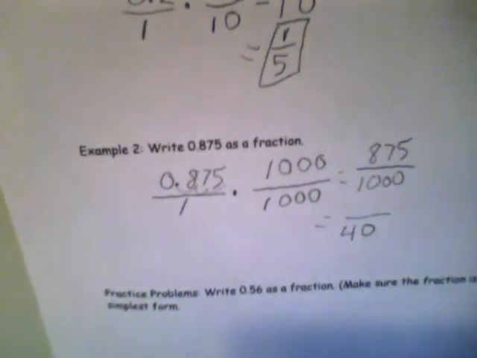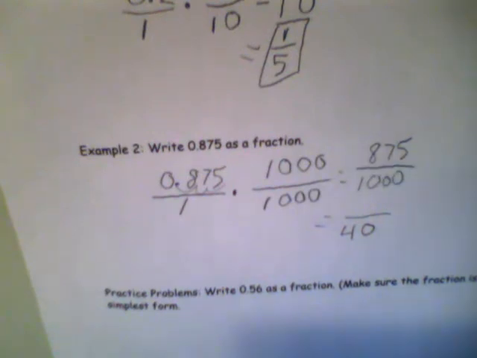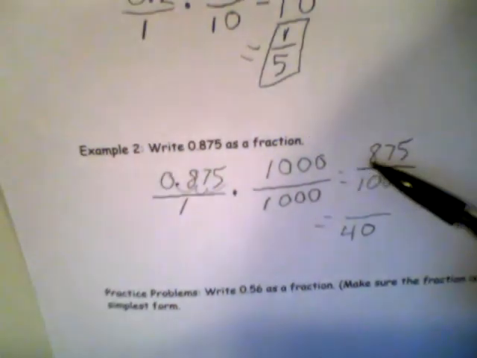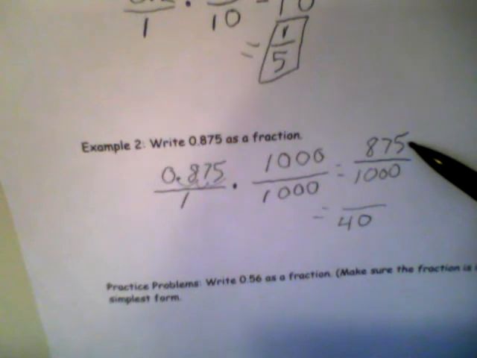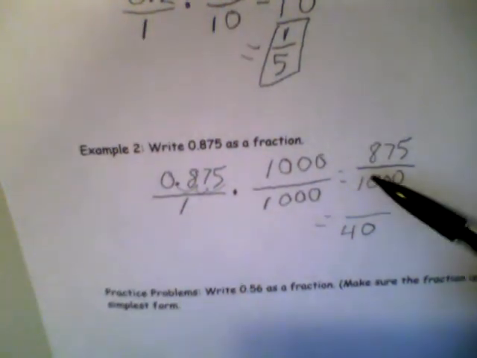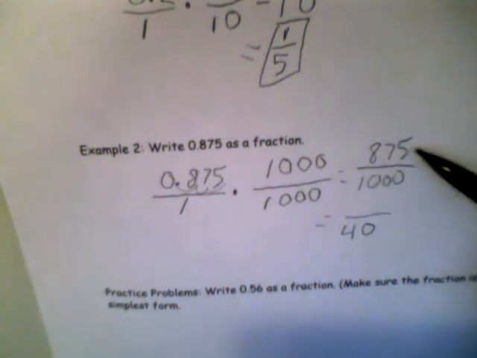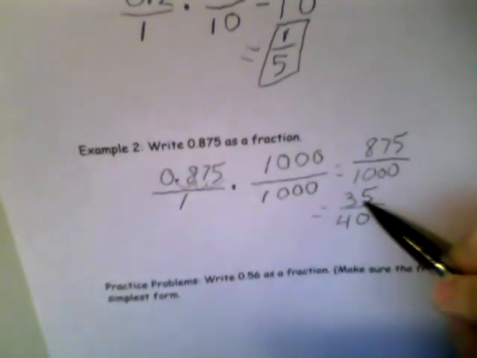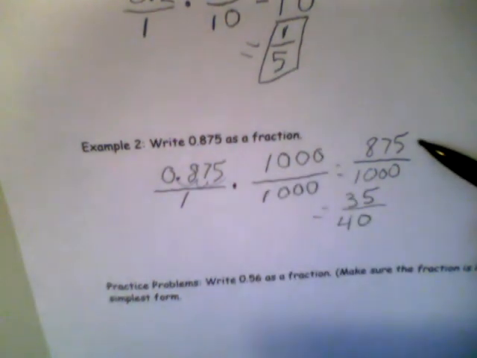Now you think, how many times does 25 go into 875? You can always work out your division to the side if you need to. But looking at this, I'm just going to count up. I know that 25 goes into 100 4 times, so that means it must go into 800 32 times. And then it goes into 875 35 times. You can just think of quarters when you do that one. You can even just count up by 25s until you get to 875.